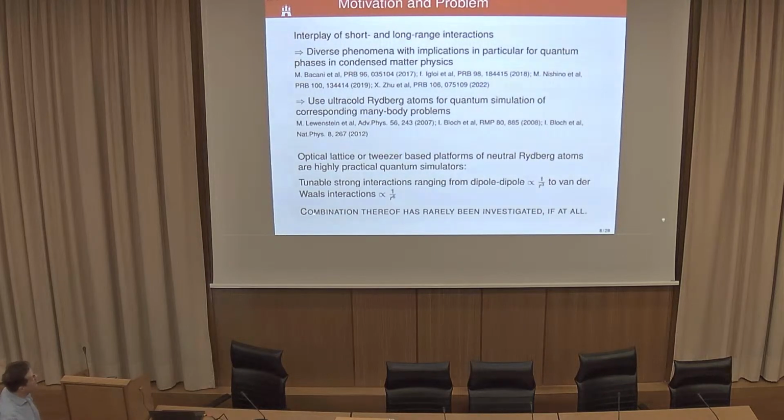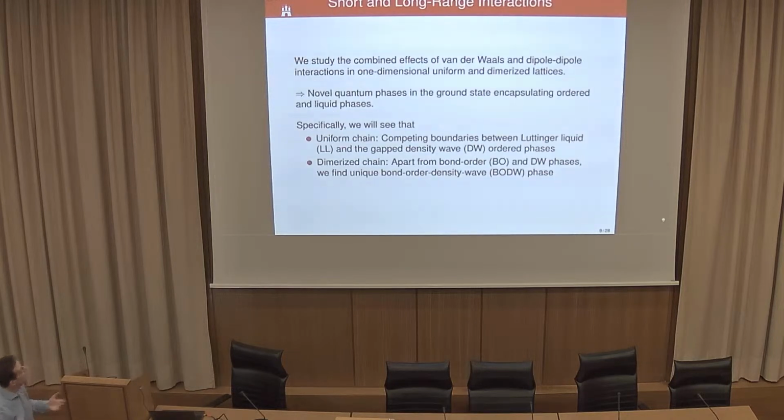But in Rydberg systems, the combination of 1 over r to the 3 and 1 over r to the 6 hasn't been explored. So let me put in a nutshell what we will get up front, so you're prepared for what we're aiming at. We will get some novel phases due to the competition of the van der Waals and the dipole-dipole interactions. We will look into the uniform chain where the Luttinger liquid phase can be tuned.